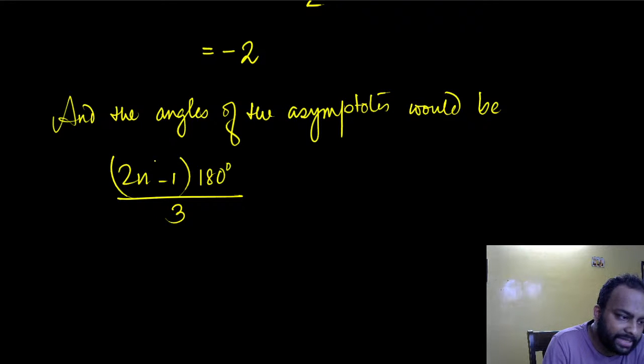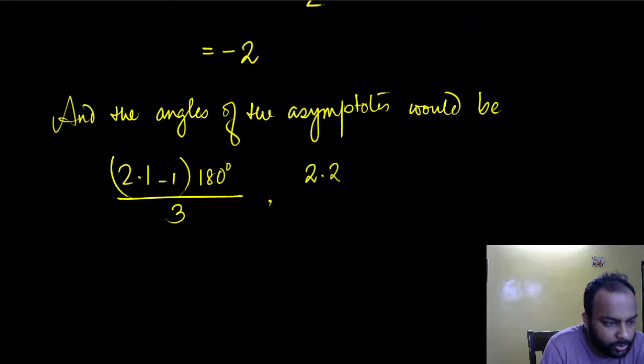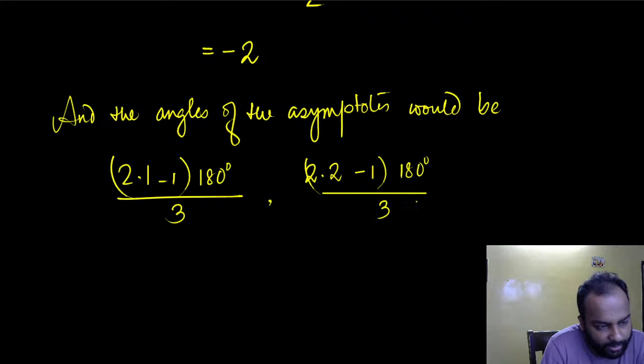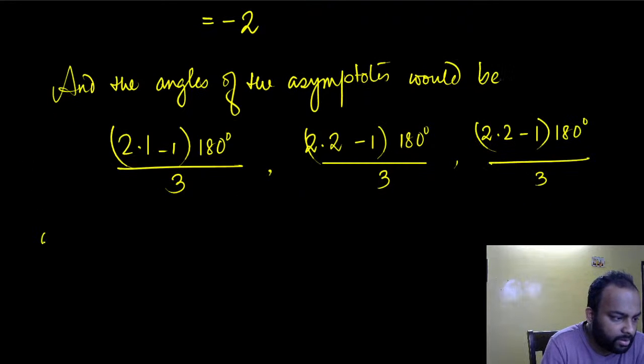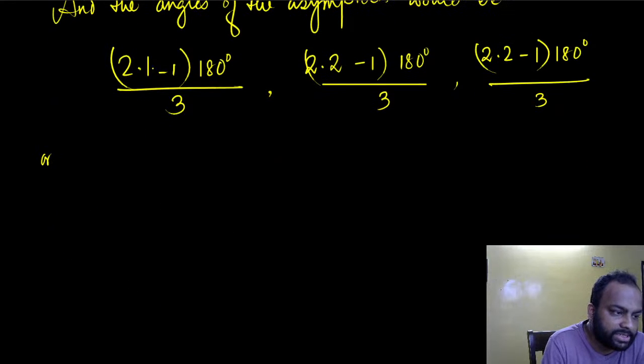For n equal to 1, that's one of the angles, which is 60 degrees. Then for n equal to 2, 2 times 2 minus 1 times 180 degrees divided by 3, which is 180 degrees.